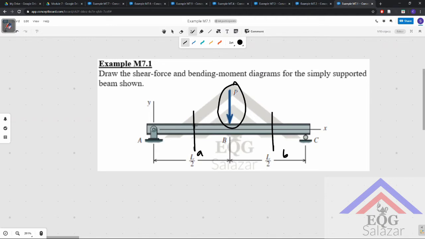The only force that is accounted for when we talk about shear at section A is the reaction force at A. While when we talk about the shear at section B, then we have to include force P. And therefore, the shear force at A and the shear force at B are not one and the same.